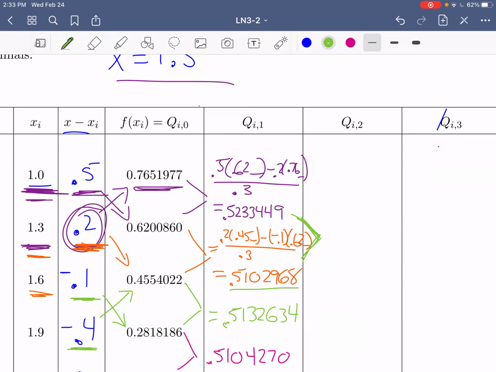Well, we take this value times the node that was used in constructing this value but was not used in constructing this value. And so the x minus that node, right? And so what that looks like is we have this 0.5 business times all the way back up here to this specific 0.5.